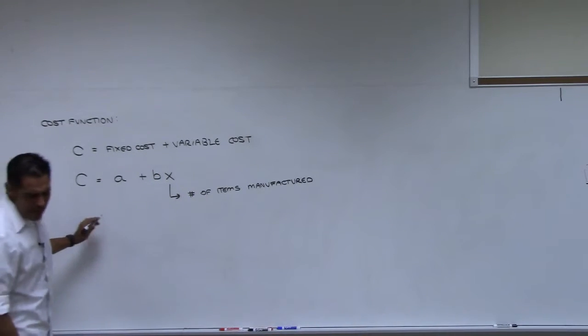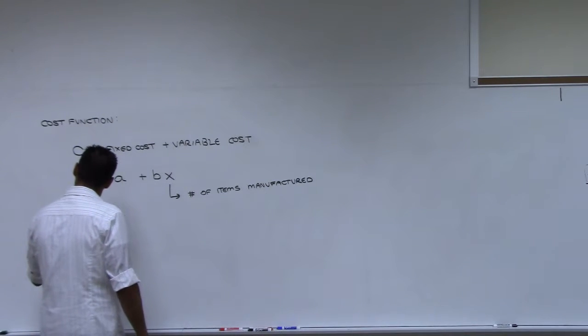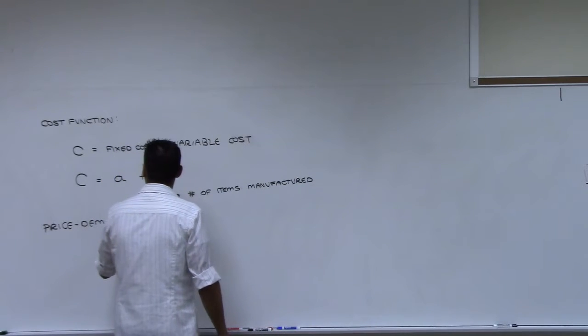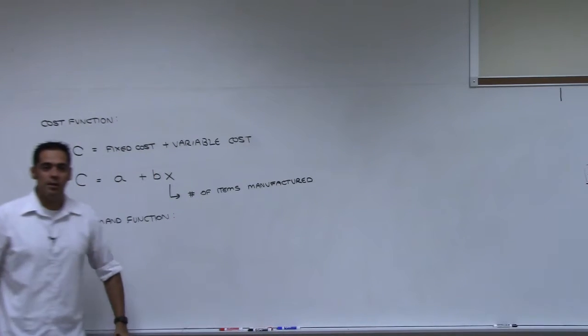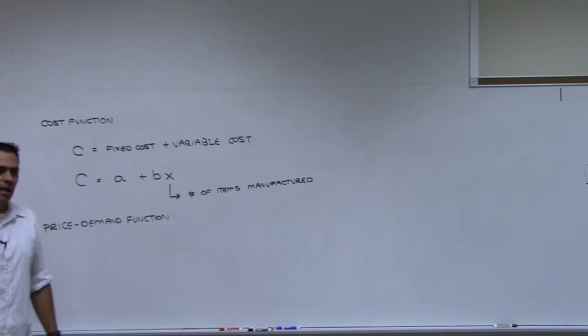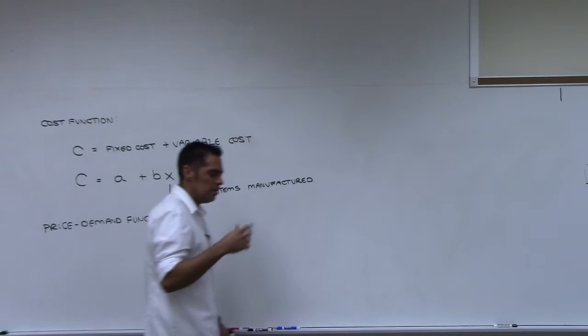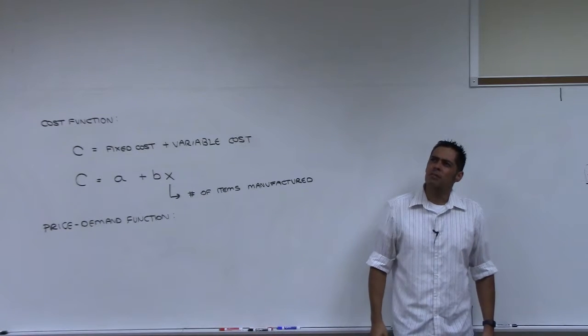Now, we also have the price demand function. I think some of you struggled with the price demand function on the test. That was where I gave you a few pieces of information about, what was it? What did we do on the test?